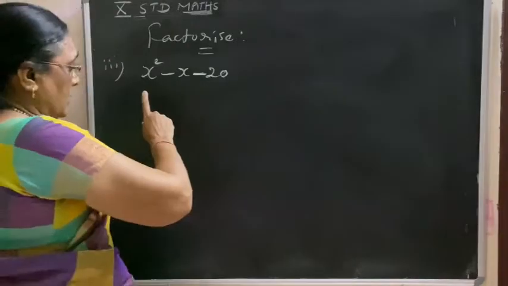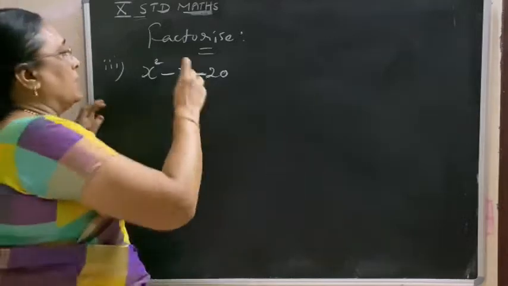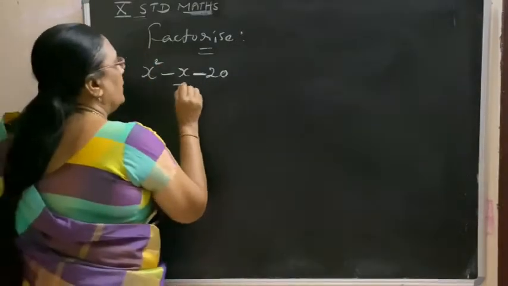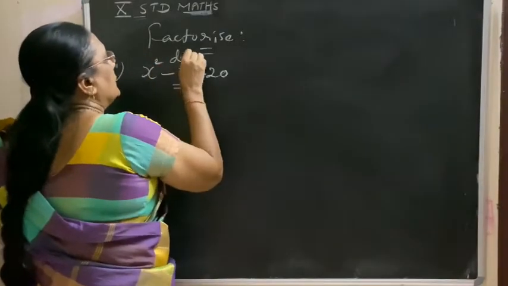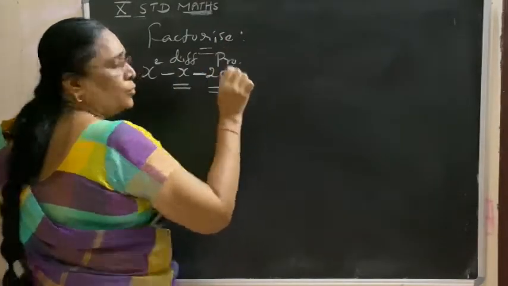Okay, here both the condition is not given. So we come to the conclusion that the difference of two numbers, the center term and the last term is a product of two numbers.